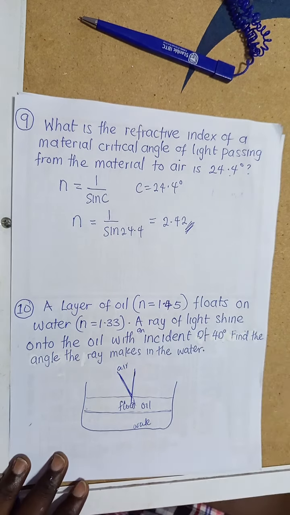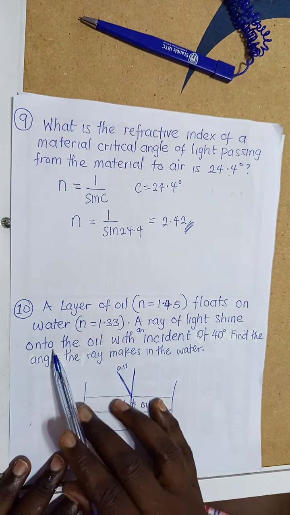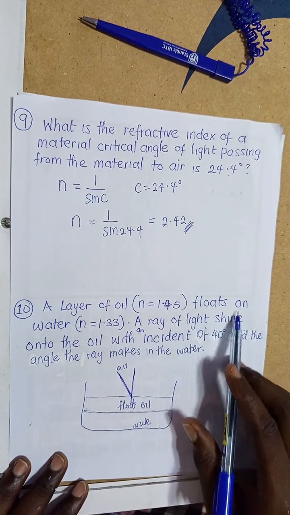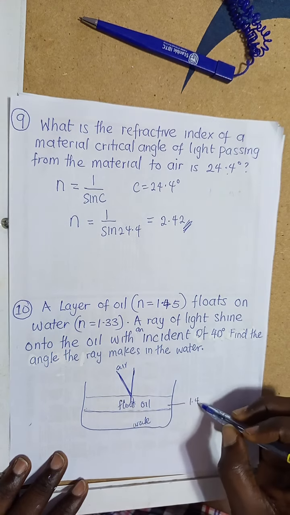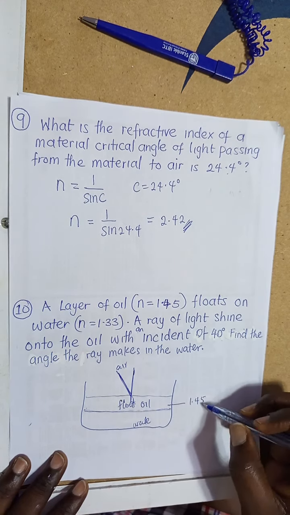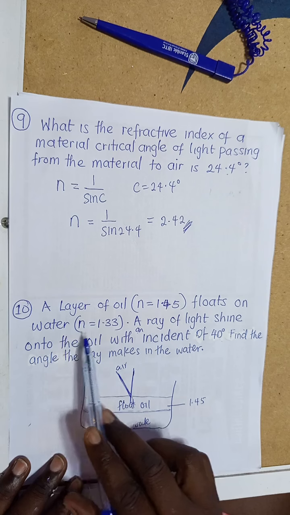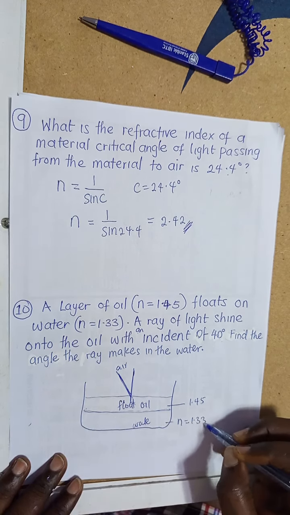Now we notice some little problem with that question, so we have to correct it, because now they have given us, they said a layer of oil floats on water. That means this is oil of 1.45. They now said float water of 1.33.